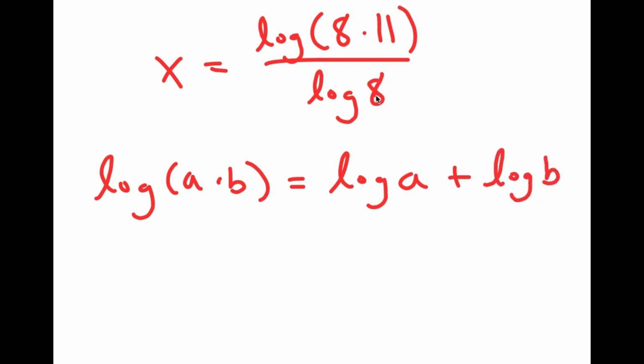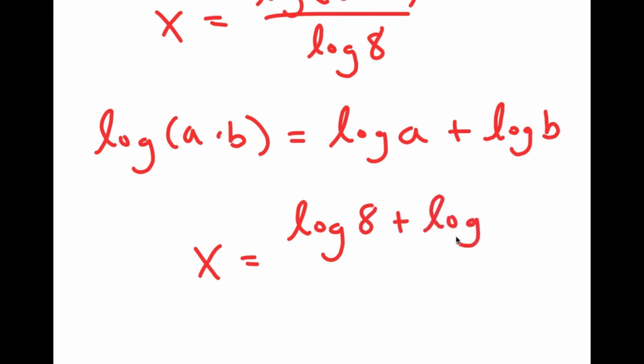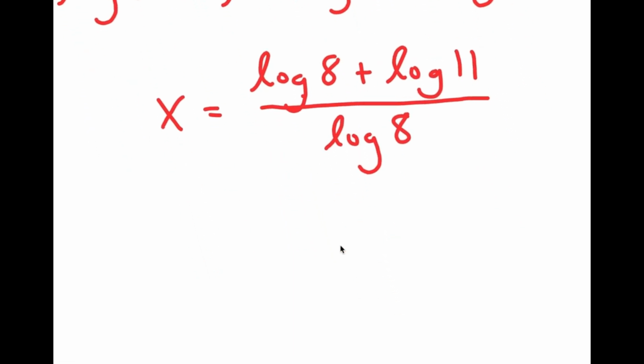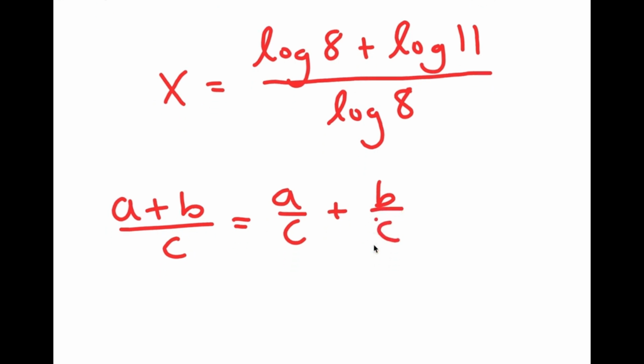So log of 8 times 11 is going to equal log of 8 plus log of 11, and I have this over log of 8. Now, if I have something in the form a plus b over c, this is equal to a over c plus b over c, which is a simple fraction property.